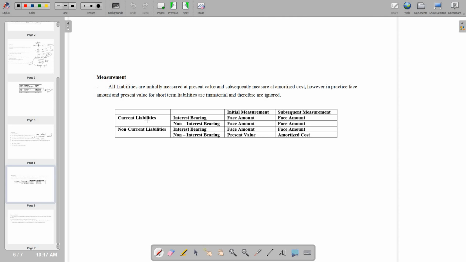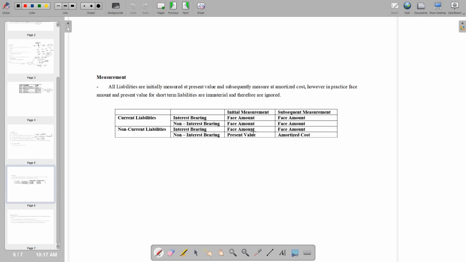So for current liabilities, interest or non-interest bearing, the initial measurement is face amount and the subsequent measurement is face amount. So when we say face amount, it is the amount that is presented in the instrument itself or in the contract itself. For non-current liabilities, interest bearing is face amount and then subsequent measurement face amount.